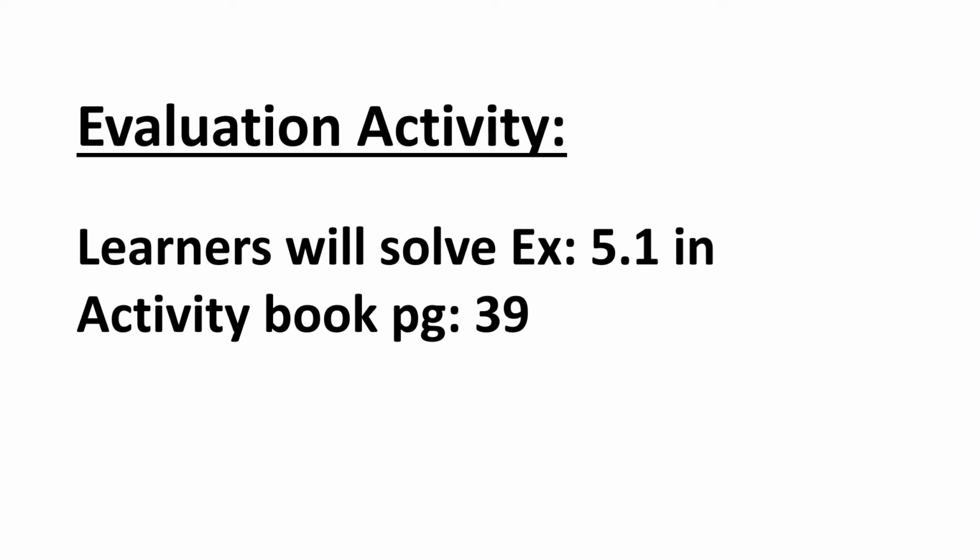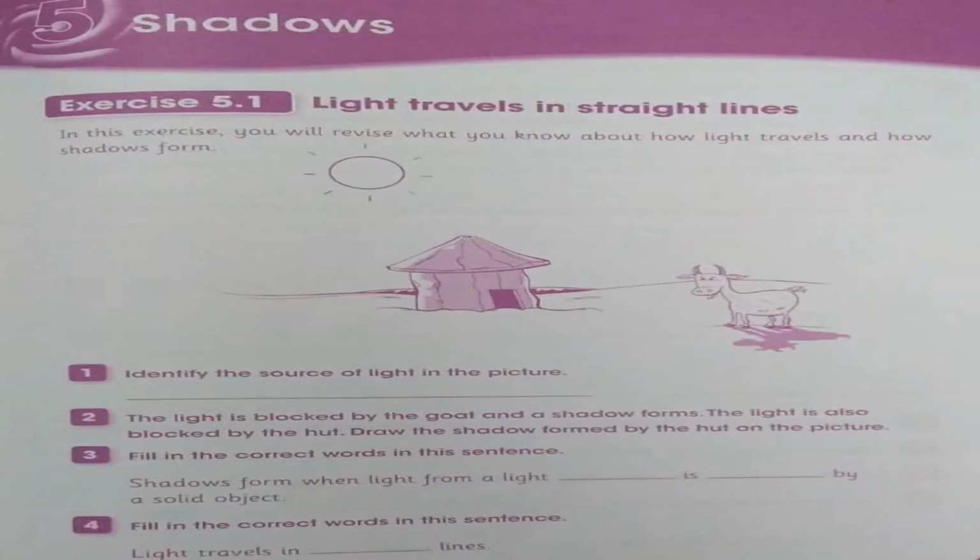So here we have an exercise. We go directly to the exercise in the activity book, in which there is a picture with the sun, that is the source of the light, a small hut, and a sheep that has a shadow.